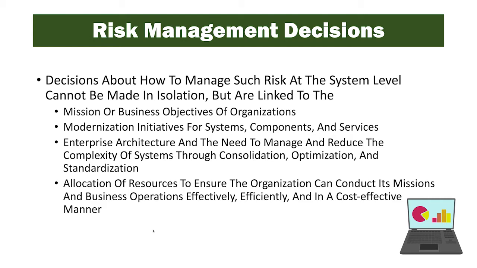Modernization initiatives for systems, components, and services, enterprise architecture and the need to manage and reduce the complexity of systems through the consolidation, optimization, and standardization of systems and technologies, the allocation of resources to ensure the organization can conduct its mission and business operations effectively, efficiently, and in a cost-effective manner.